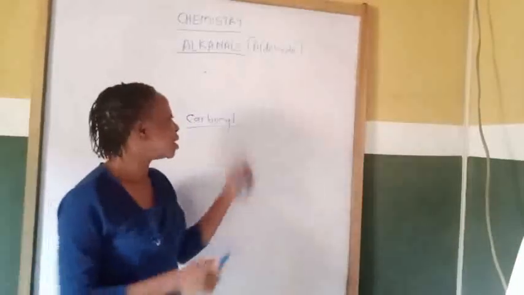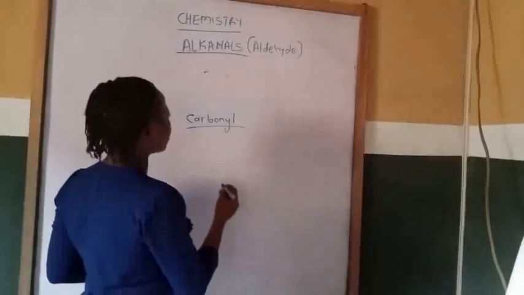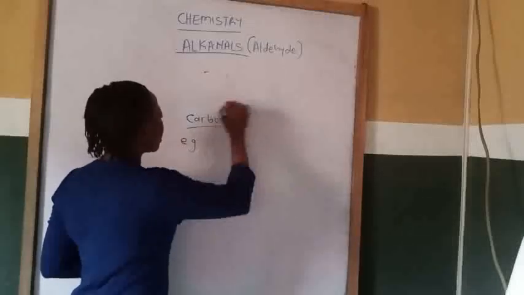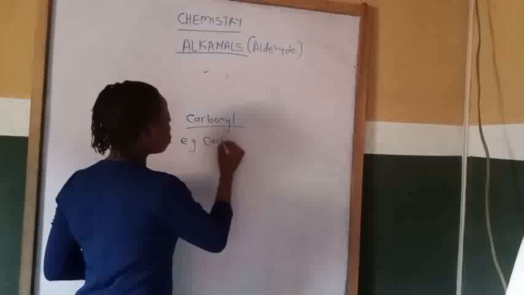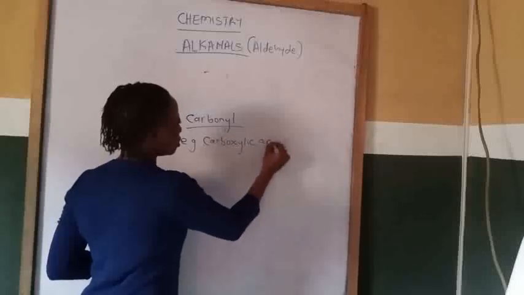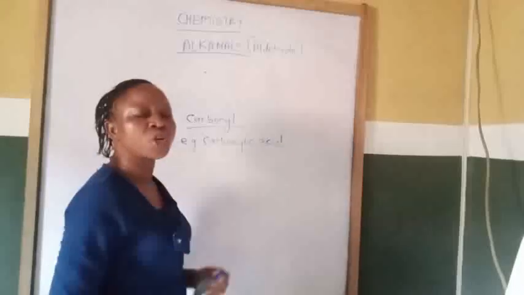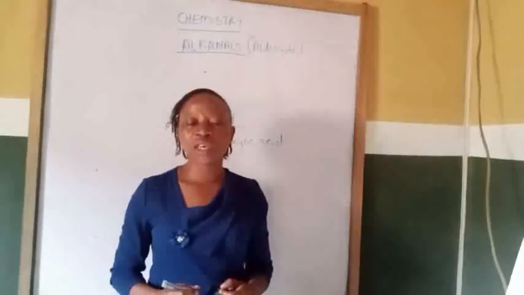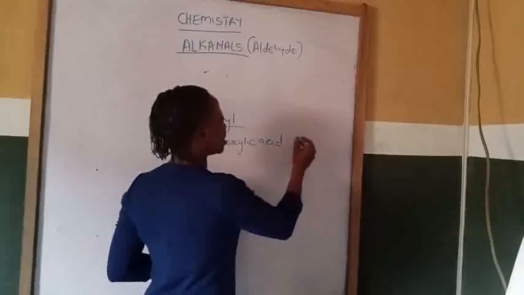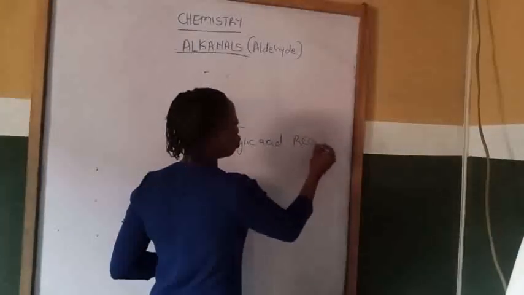Let's take for example a carbonyl compound, carboxylic acid. Carboxylic acid is also known as alkanoic acid. The general formula for carboxylic acid is RCOOH.